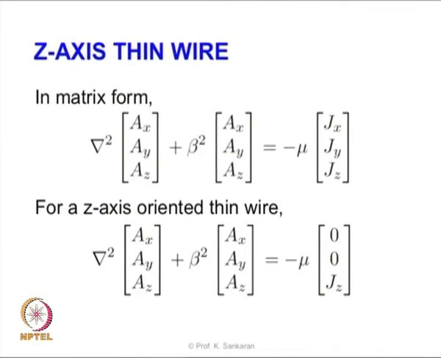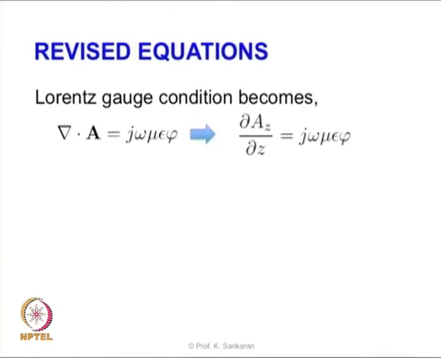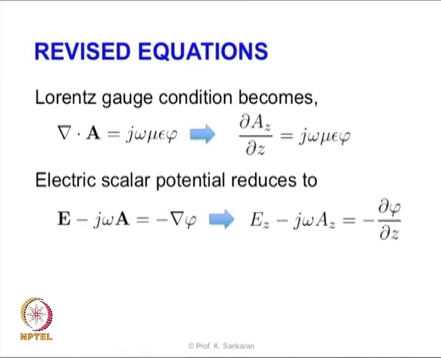This expression essentially demands our Ax and Ay to become 0, and using the Lorentz gauge what we get is basically the formulation that can be written of this form, and the electric scalar potential reduces to Ez minus j omega Az equal to minus d phi by dz.